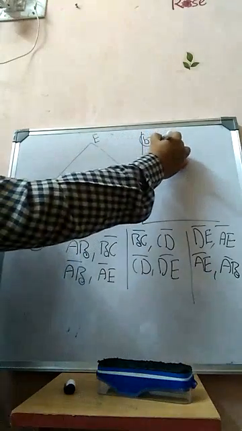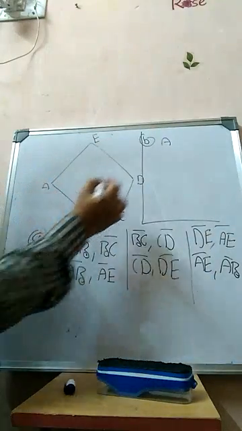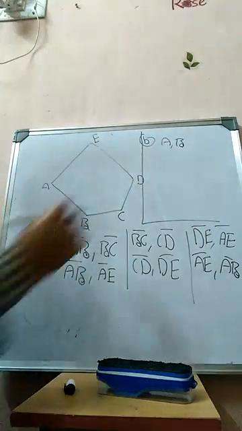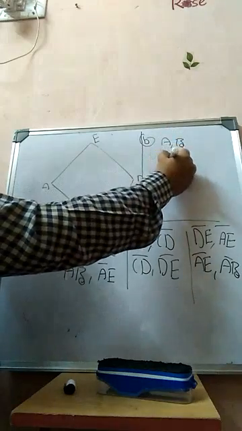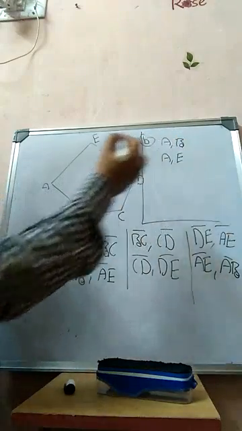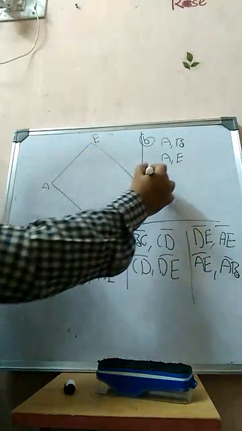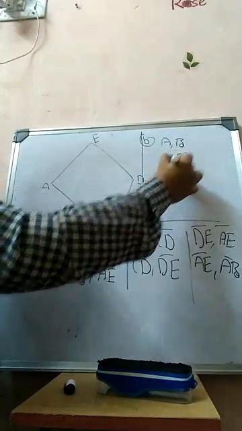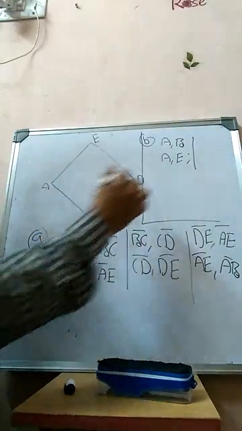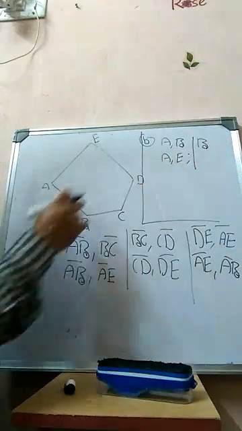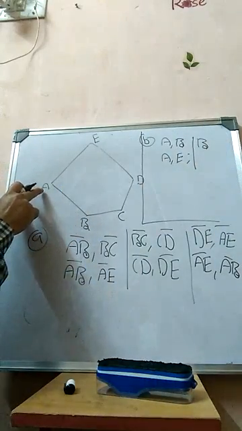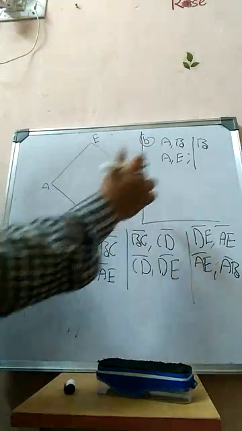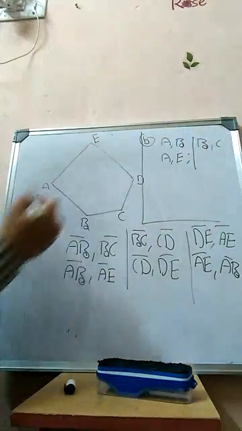And next, adjacent vertices. First take A. Its adjacent vertices are B and E also. So write one pair AB, one more pair AE. Next take B. B's adjacent vertices are A and C. AB is already there. Now B, C, one pair.